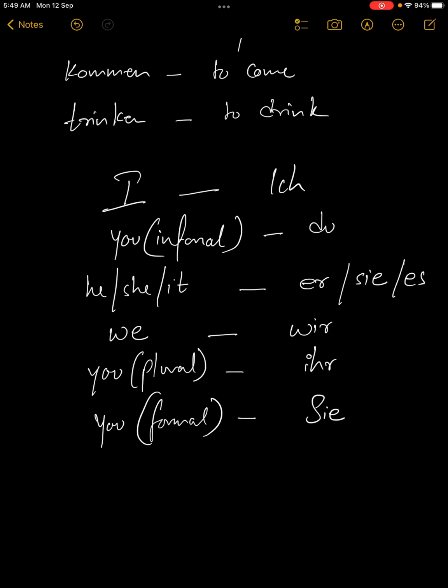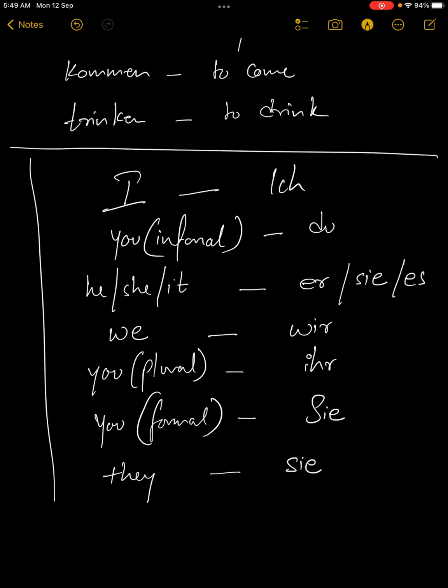But that isn't the only meaning it takes. Again, for the corresponding word they, it's again sie. Alright, but it's not that confusing. Once you start using it, it will be very clear. So before we start with the verbs, make sure you learn these corresponding words for each pronoun.